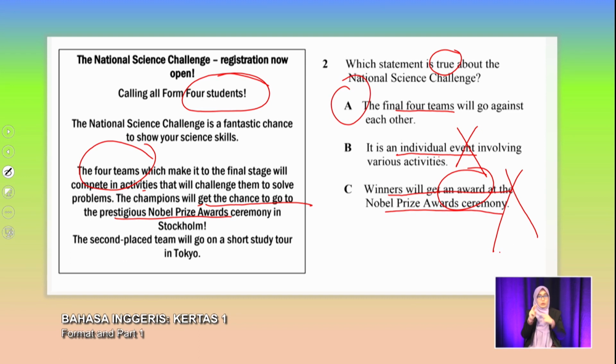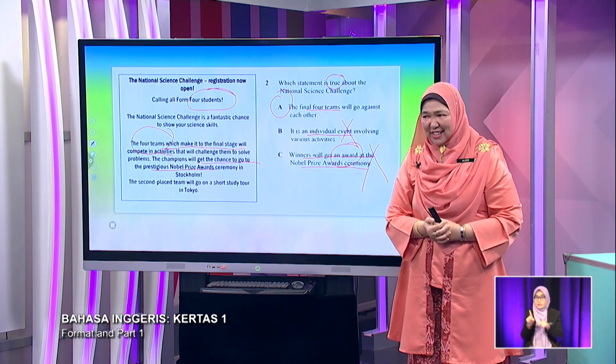A. The final 4 teams will go against each other. The teams who make it to the final will compete in activities that challenge them to solve problems. So they are going against each other.